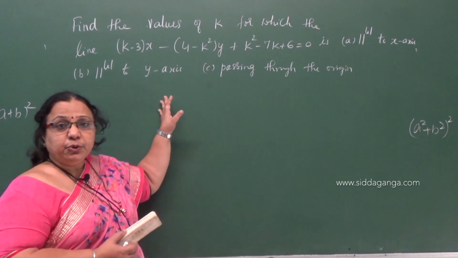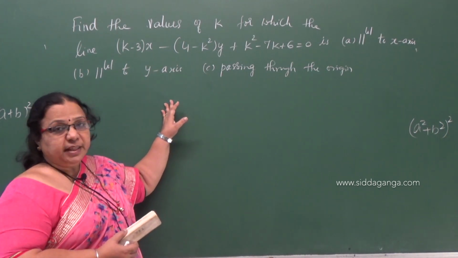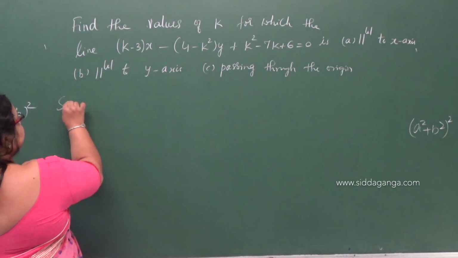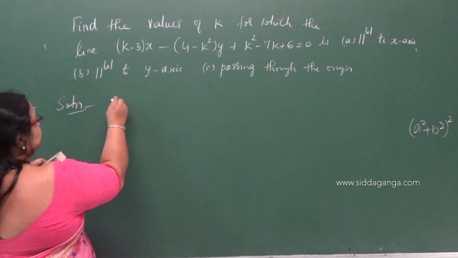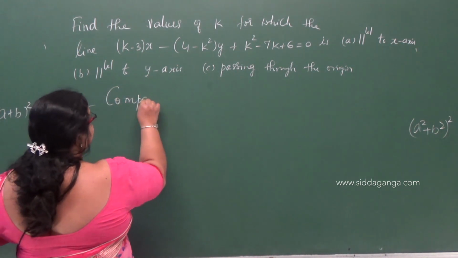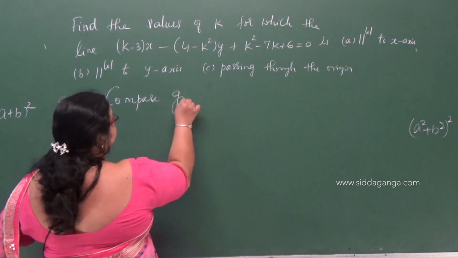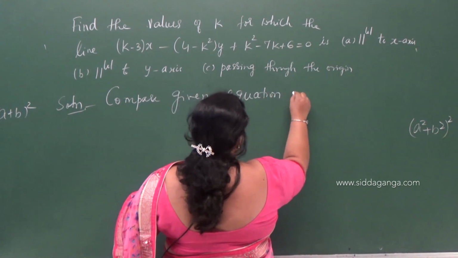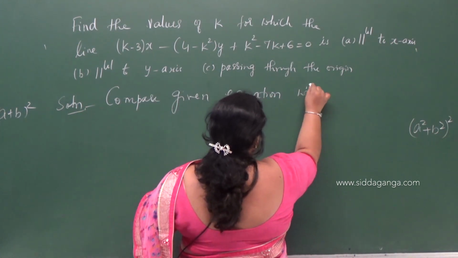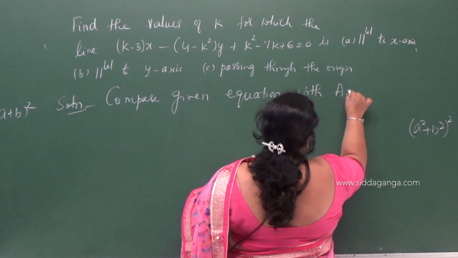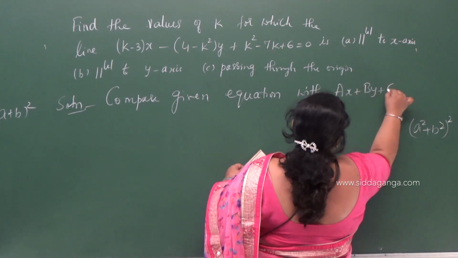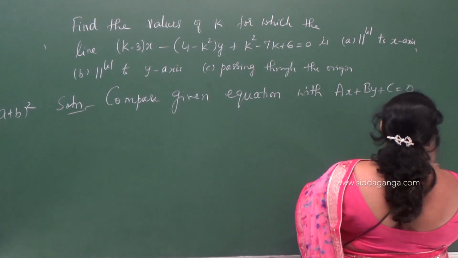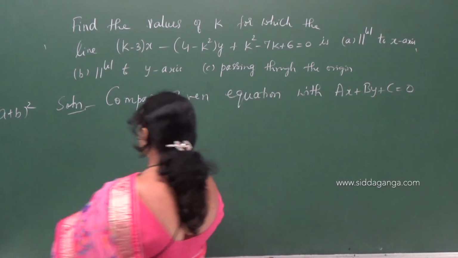Hence we have to use the third method to find the slope. Here we have to compare the given equation with ax plus by plus c equal to 0, the general form of the straight line.